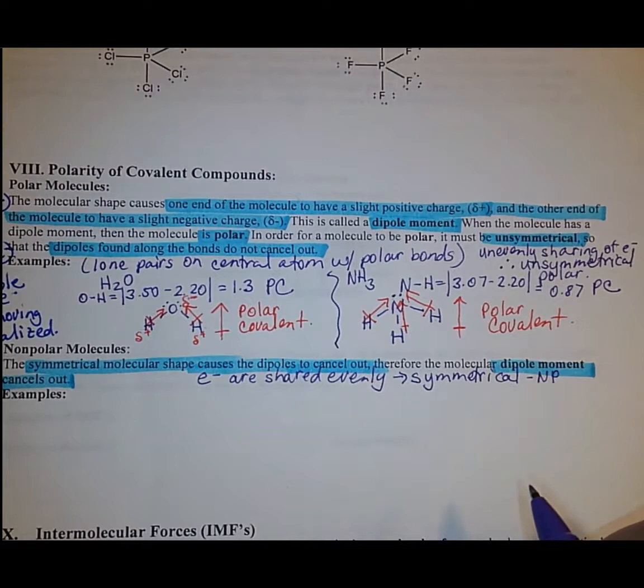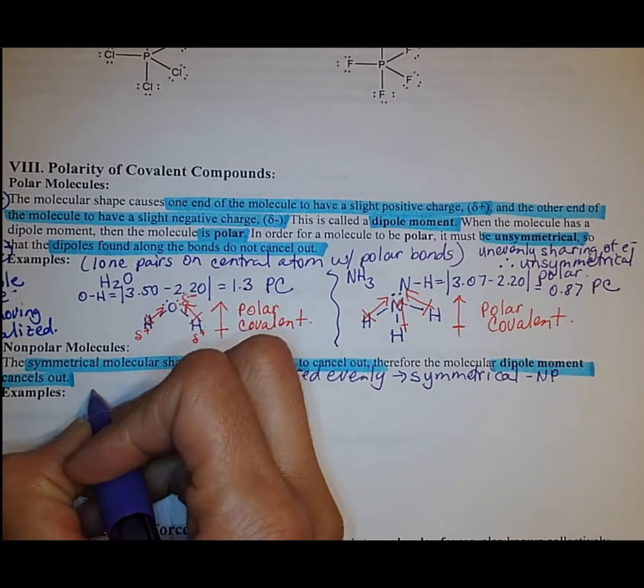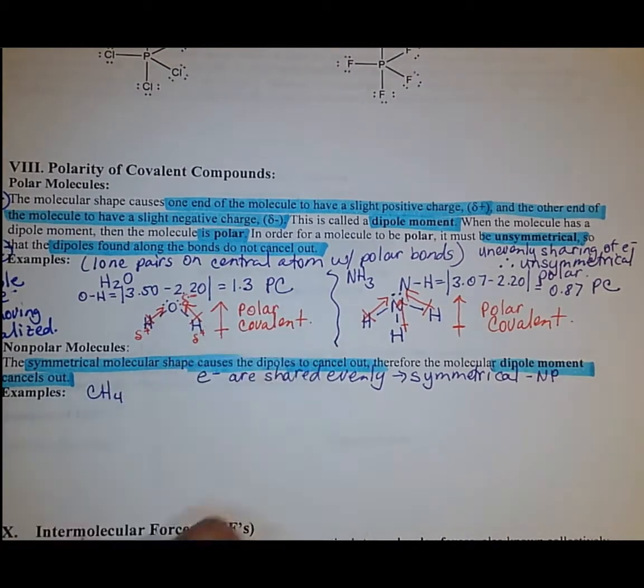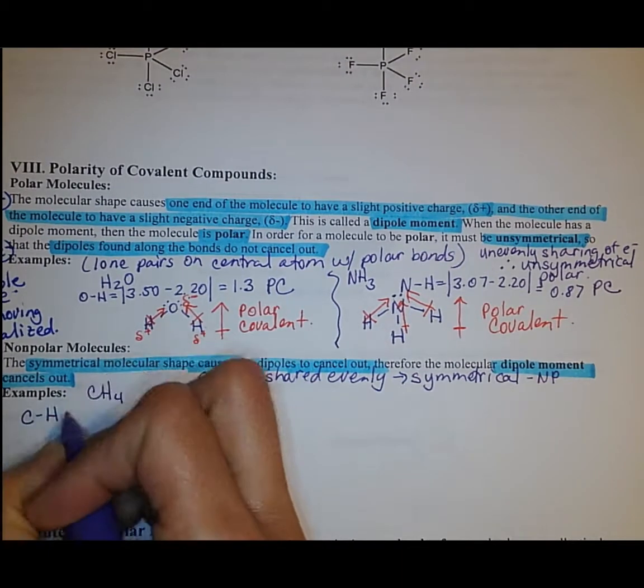Okay, so let's do some examples here. Let's start with the first one. We've got CH4, methane, and we've got carbon and hydrogen bonds.